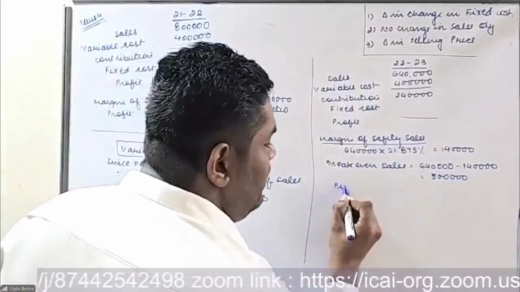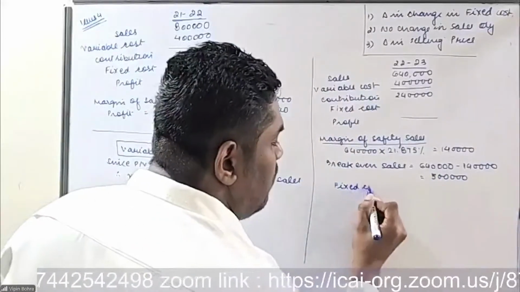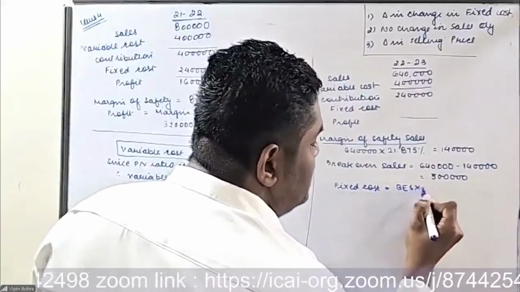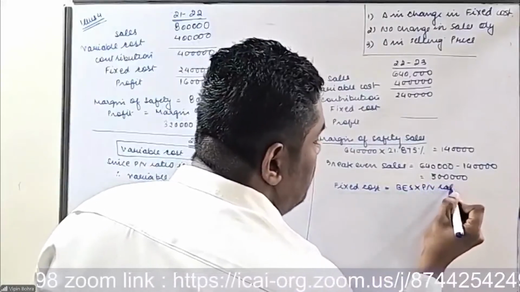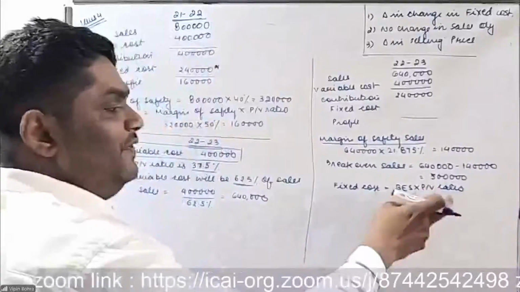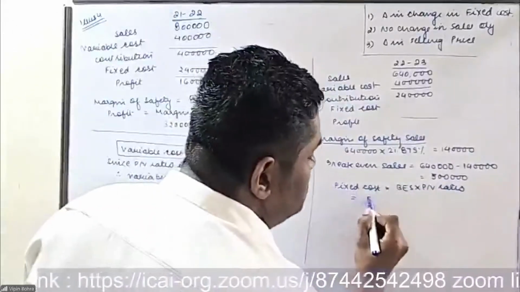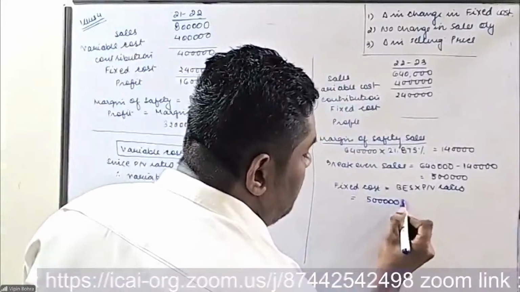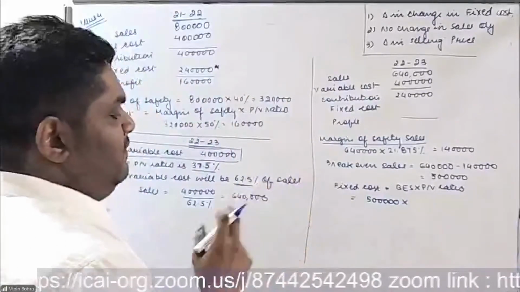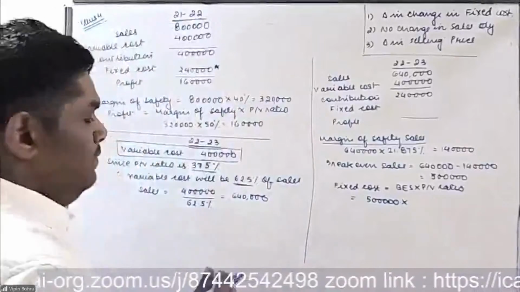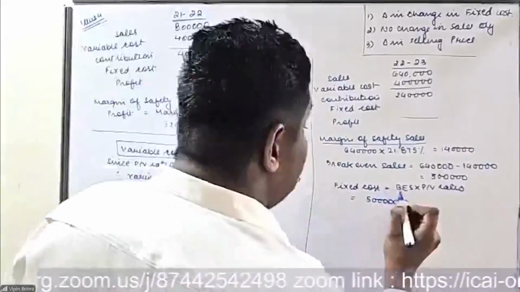Now we can calculate the fixed cost, that is break-even sales into PV ratio. As I discussed, fixed cost divided by PV ratio is break-even sales. So my fixed cost will be 5 lakh into my PV ratio, that is 37.5%.